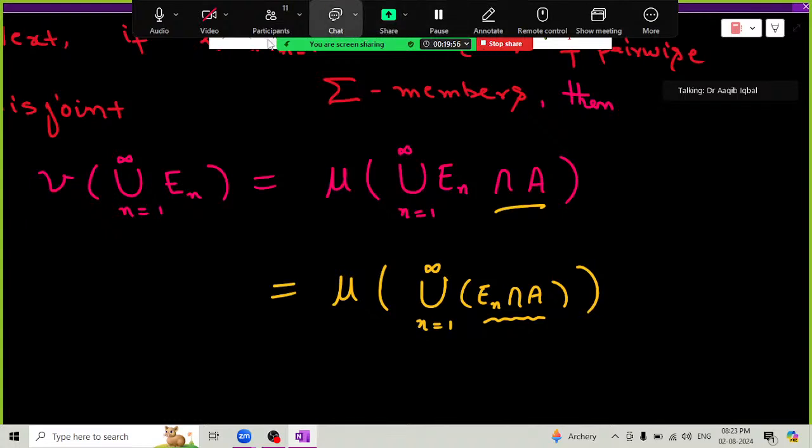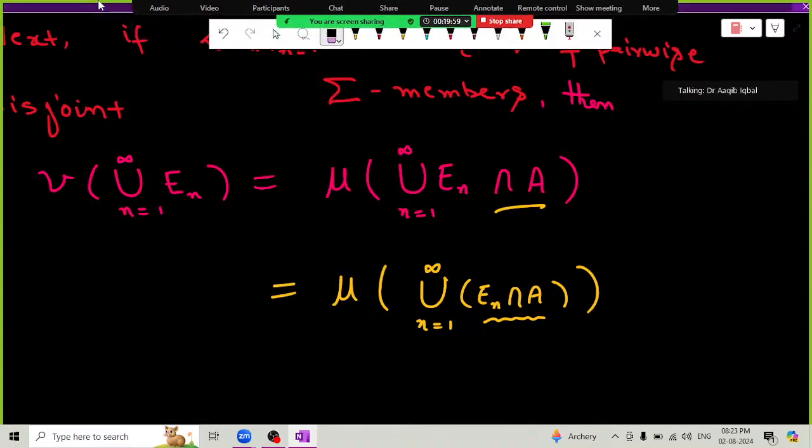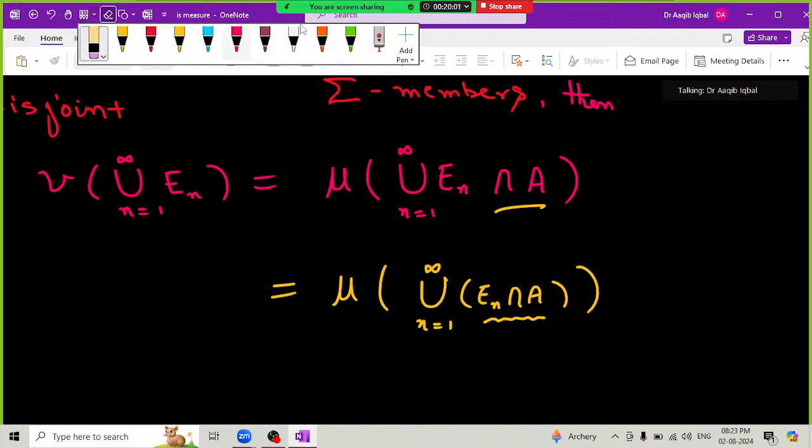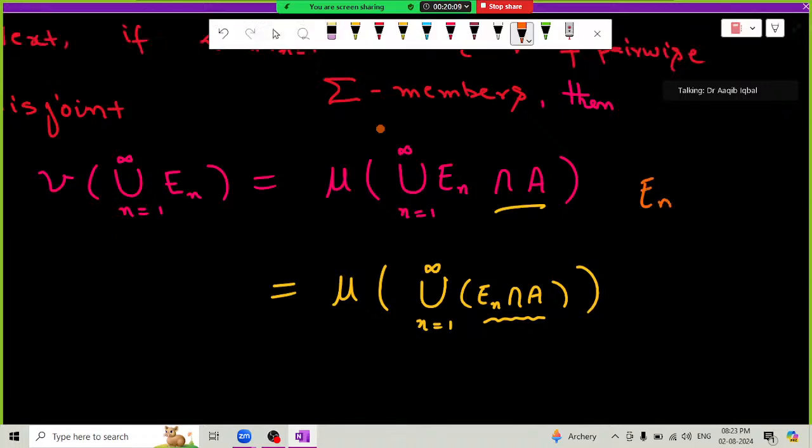So these sets whose union you see here are all coming from the sigma algebra and they are pairwise disjoint also. Why? Because this is part of En. This, intersected with A, is clearly part of En. Ens are pairwise disjoint, so therefore these parts will be pairwise disjoint.